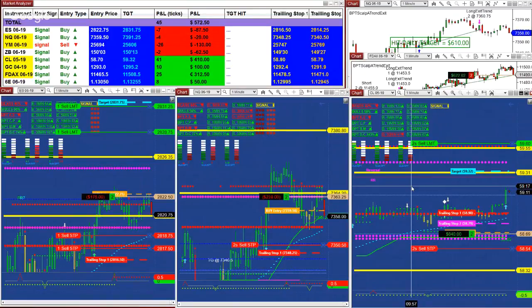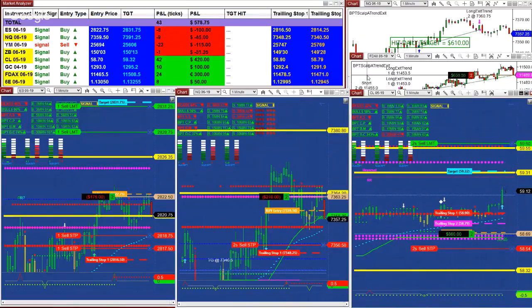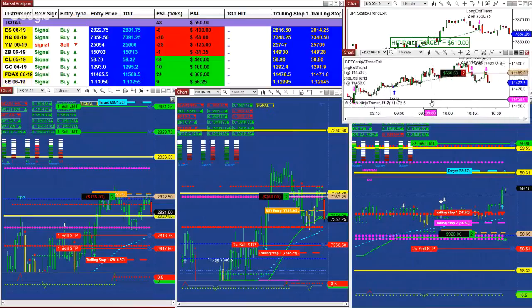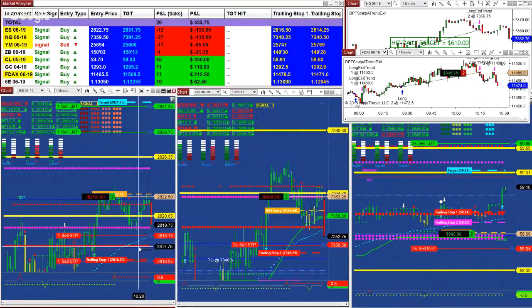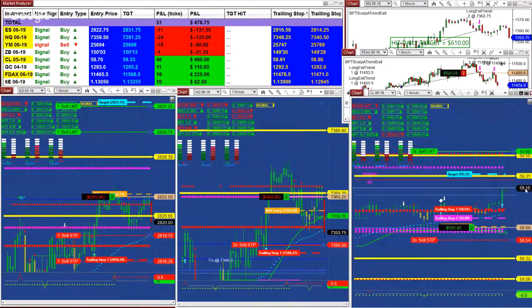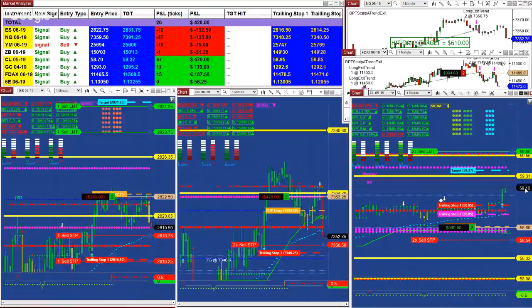So right now, oh boy. The ES is going straight to the target, which is 59.38.